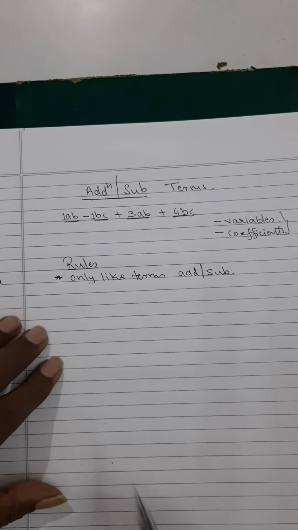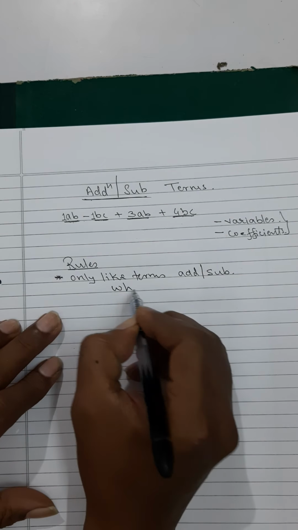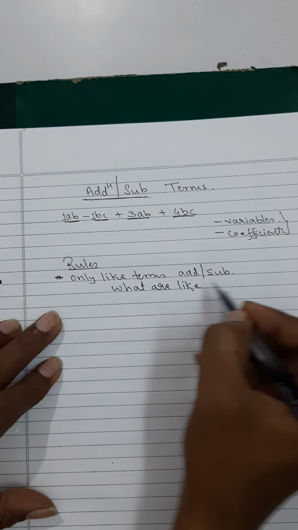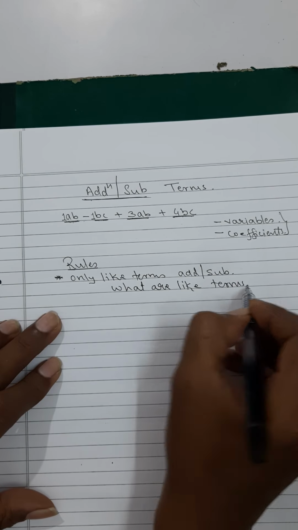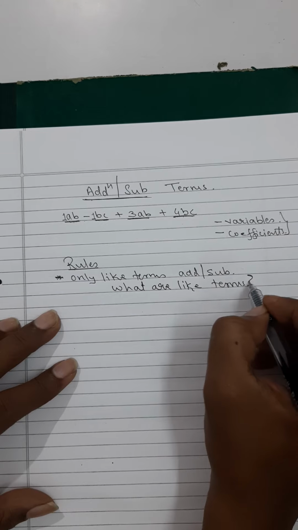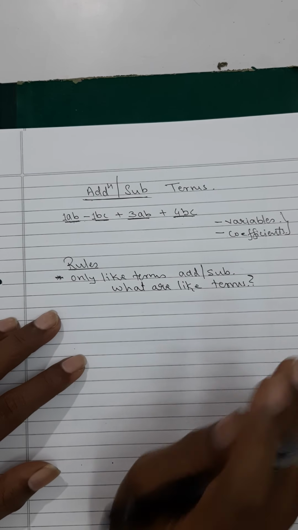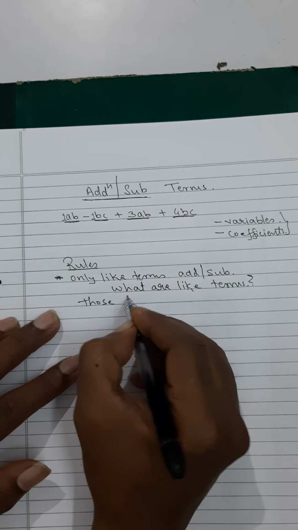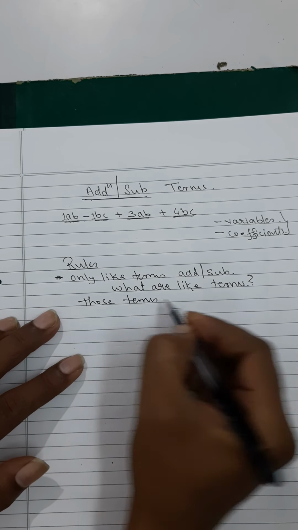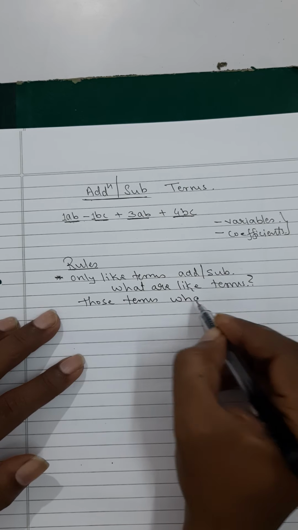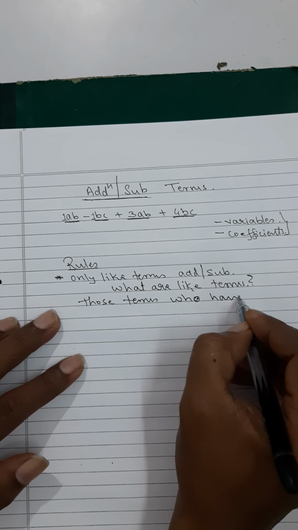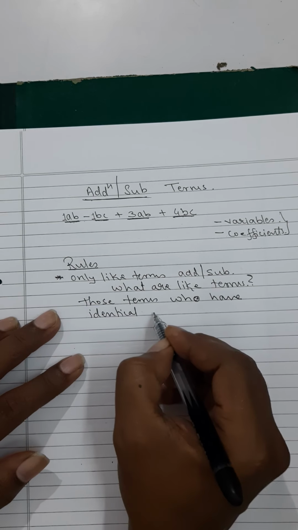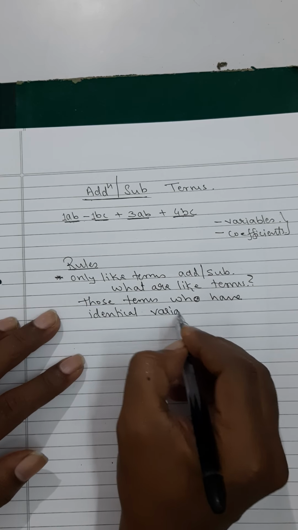First of all, what are like terms? Now this leads us to another topic. Like terms are those terms which have identical, means same to same, variables.